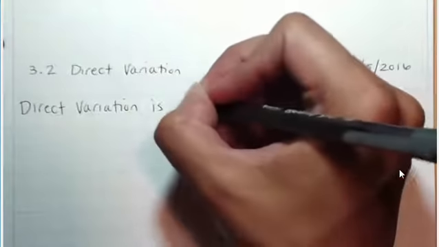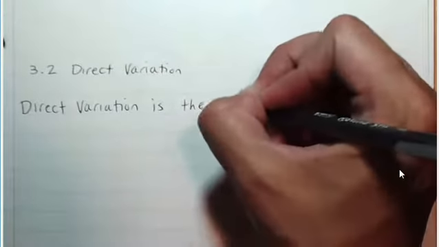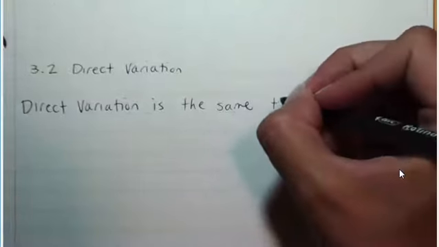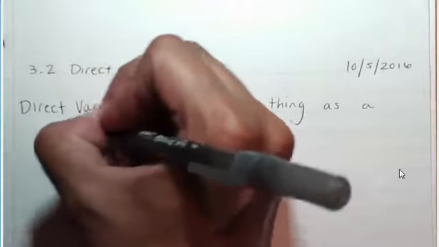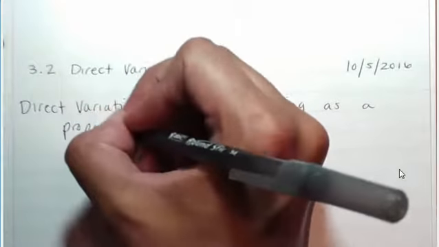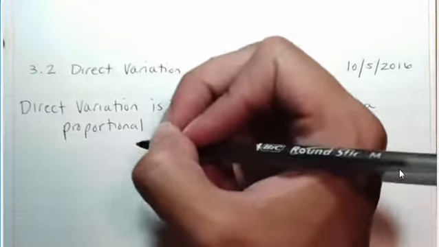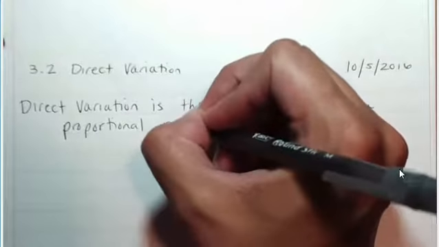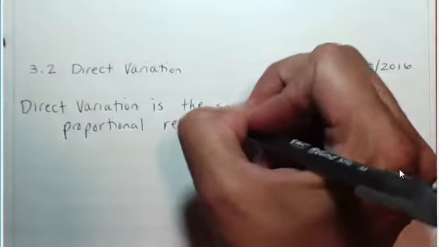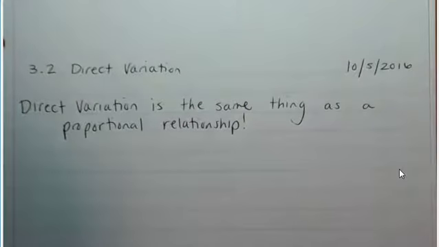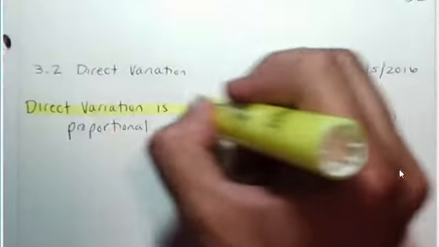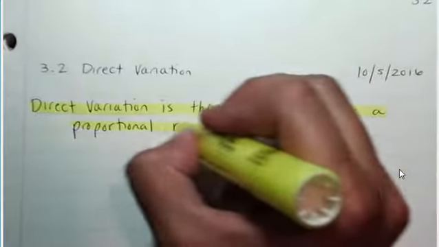What direct variation is, it is the same thing as a proportional relationship. And I want you to highlight that. Direct variation is the same thing as being proportional.